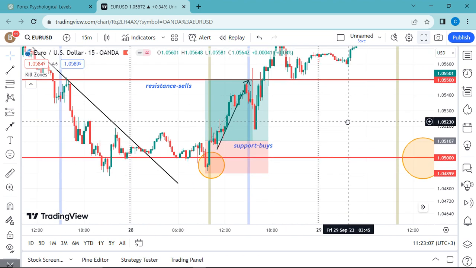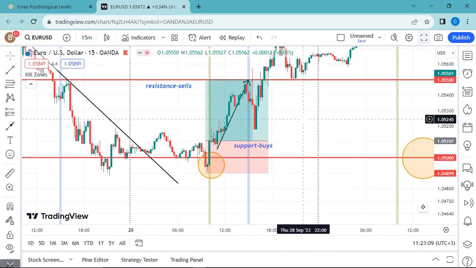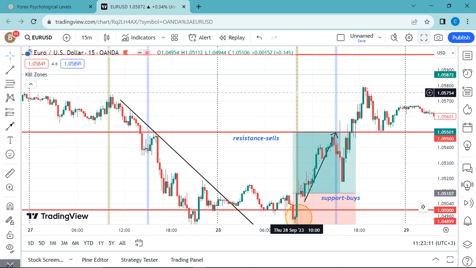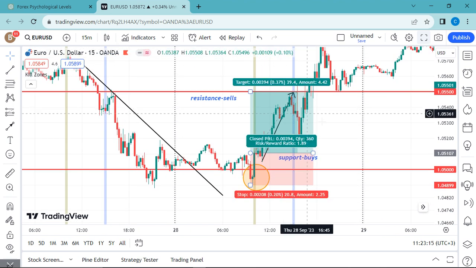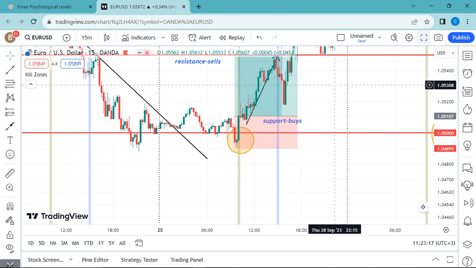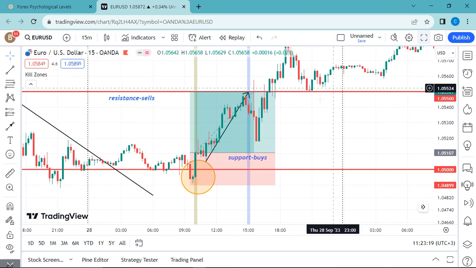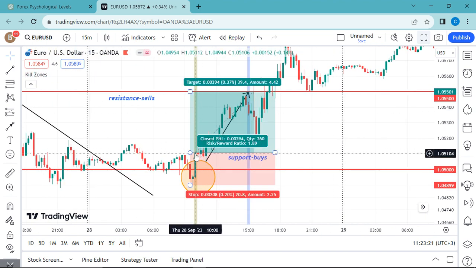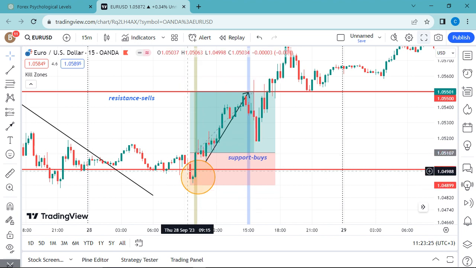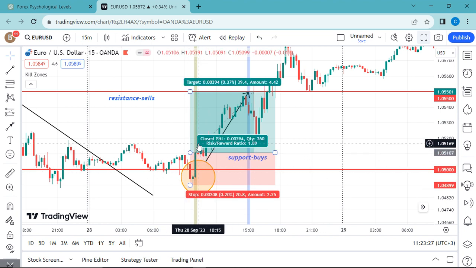So this green line, you see this green line over here, it represents the beginning of London session, right? So you see this, it's called a morning star candlestick pattern. It formed at the beginning of London session, which makes it a valid trade because now there will be volume.